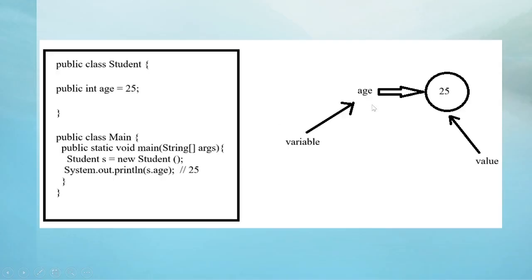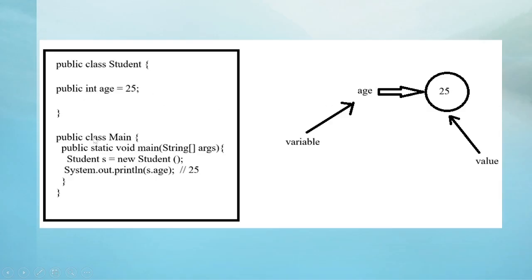Here you can see in this diagram, age is the variable, and 25 is the value that is stored in this variable. Since 25 is a whole number, we used the int data type, right?